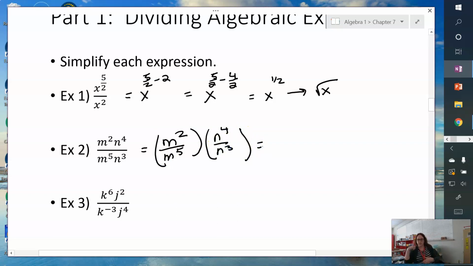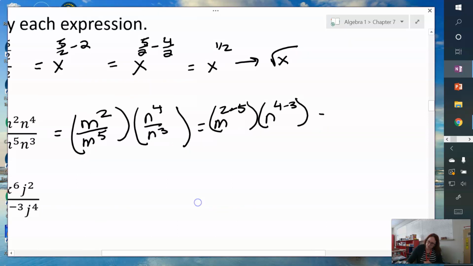I have m to the 2 minus 5, and I'm going to multiply that by n to the 4 minus 3. And I'm going to get m to the negative 3. And then I have n to the 1, or just n. Move that m to the negative 3 downstairs, so I get n over m to the 3.